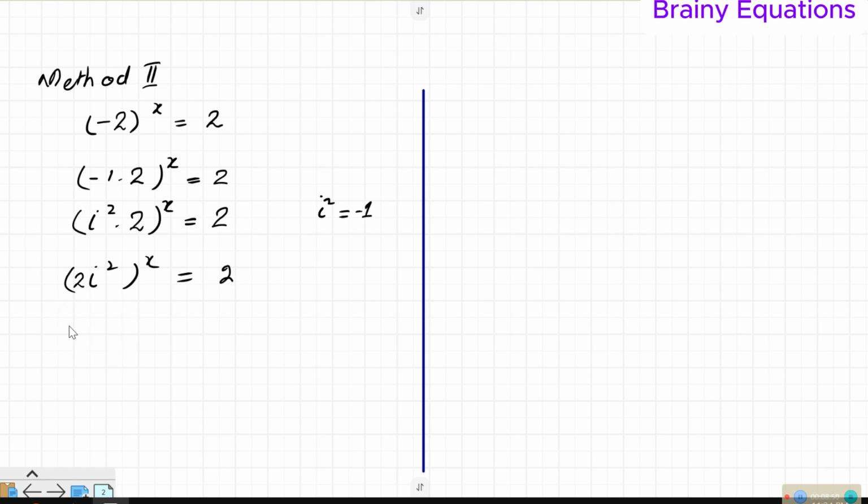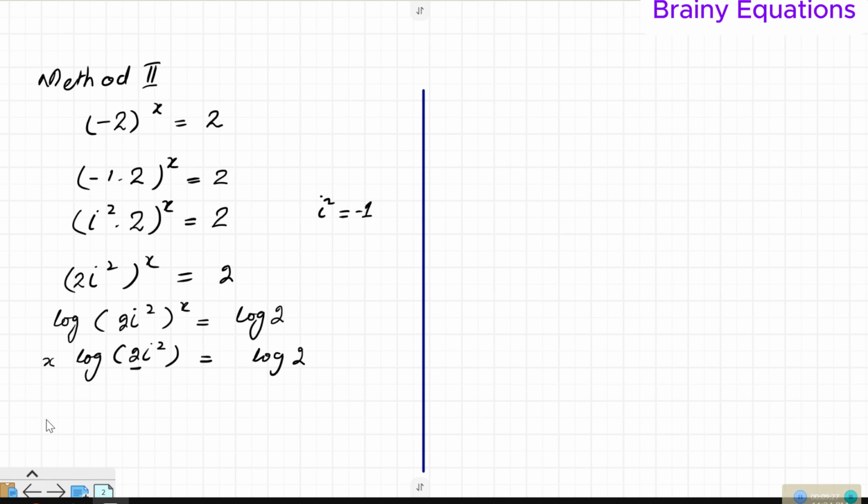We can take log on both sides. You will get log of (2 i squared)^x is equal to log of 2. By the very common rule of the log, x log (2 i squared) is equal to log 2.